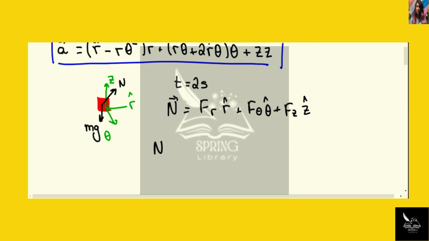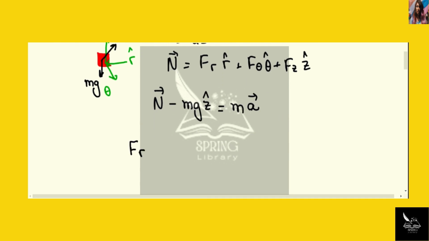And we know that the normal minus mg in the z direction is equal to the mass times the acceleration, because the sum of the forces is equal to the mass times the acceleration according to Newton's second law. So what we have is Fr r hat plus F theta theta hat plus Fz minus mg is equal to the mass times the acceleration.